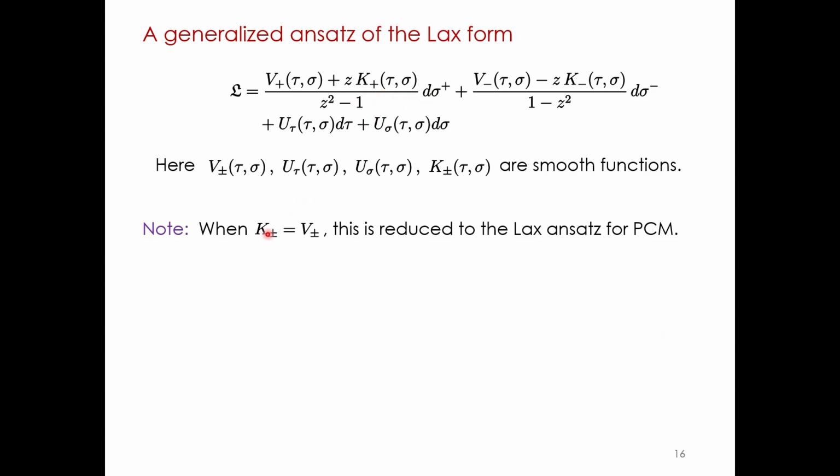So when k plus minus equal v plus minus, this Lax ansatz is reduced to the previous one. Because the pole structure is simplified, if k plus equal v plus and v minus equal k minus, then 1 minus g is reduced, and 1 plus g is removed. And so then we can reproduce the previous Lax ansatz. So in that sense, inclusions of this capital K plus minus are deformations from the usual Lax pair.